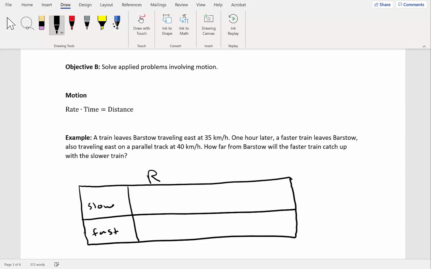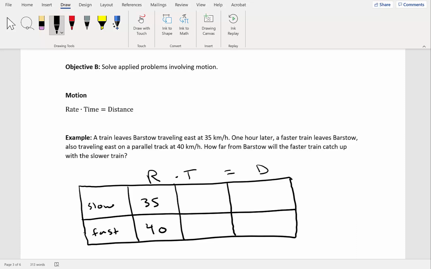And we have rate times time equals distance. Now the rate of the slower train is 35 kilometers per hour. The rate of the faster train is 40 kilometers per hour. Now one of our unknowns here is the time that the trains were traveling. And then the other unknown is our distance. We don't know how far they traveled.